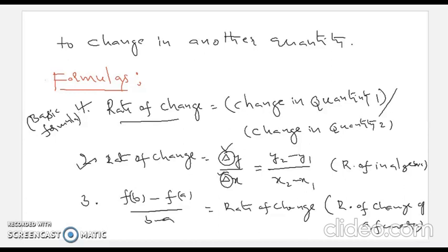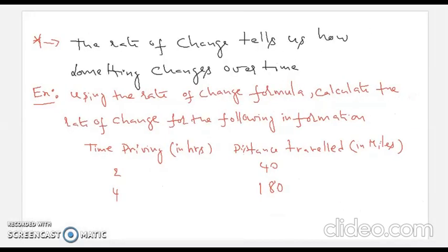So this formula is also known as rate of change in algebra. And last formula, third formula, f of b minus f of a by b minus a is equal to rate of change. It can be used for a rate of change of a function. So a rate of change tells us how something changes over time.